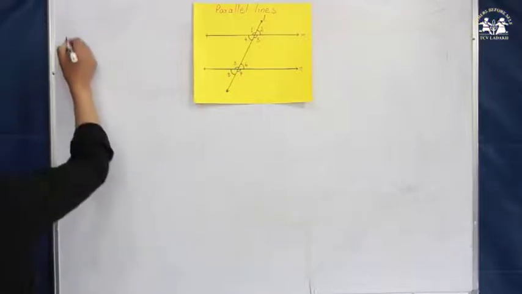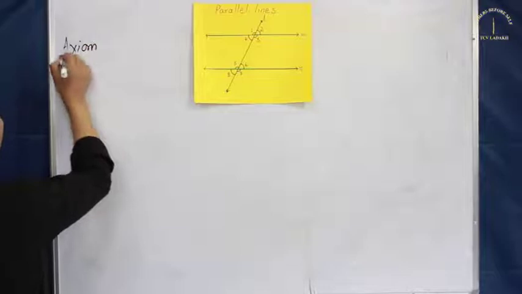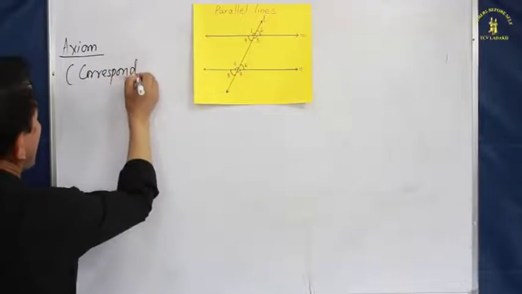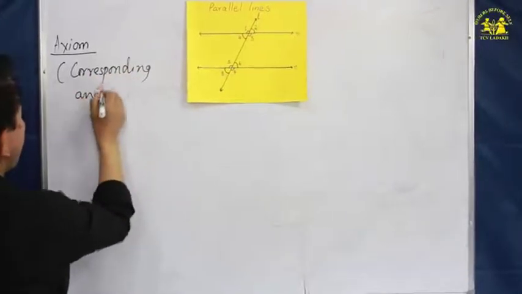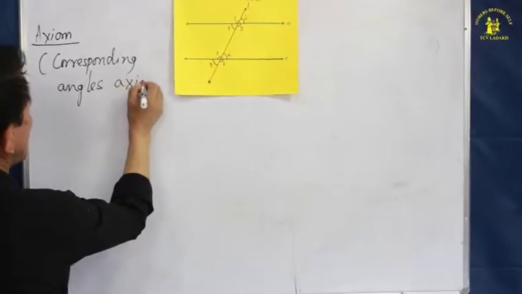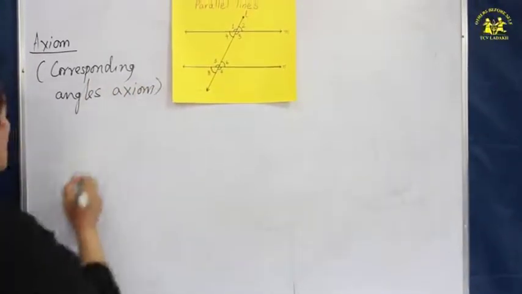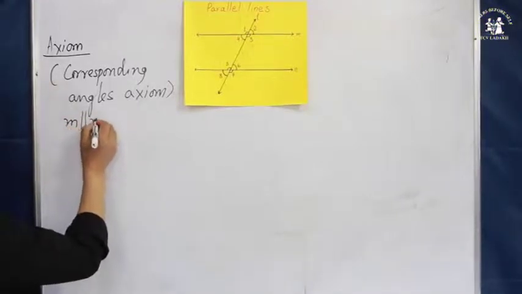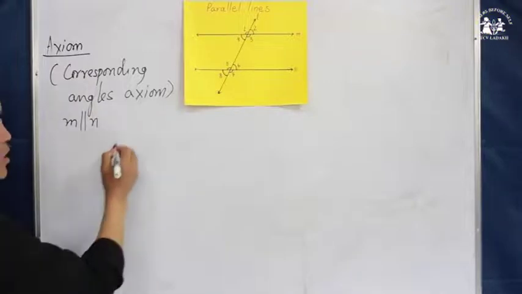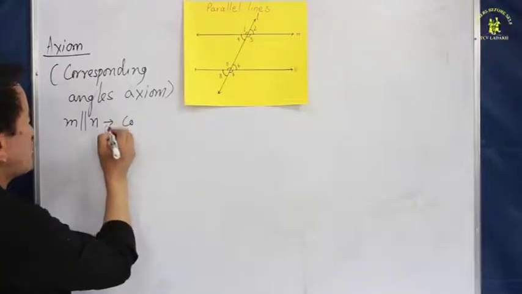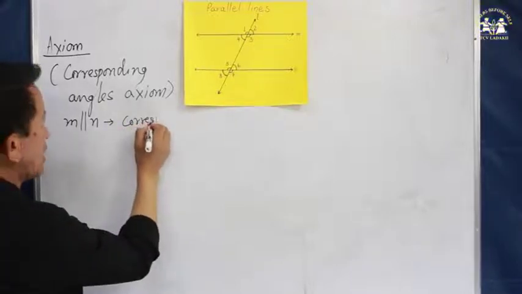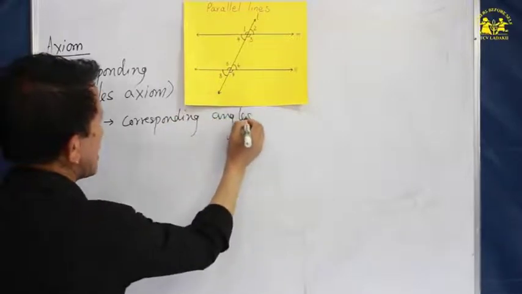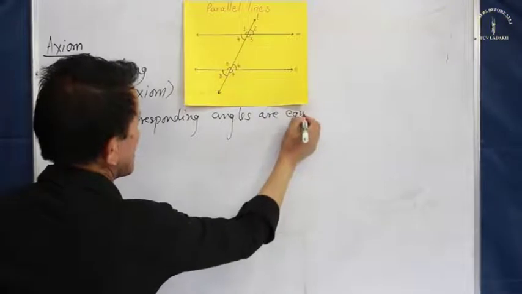So the first axiom, the corresponding angles axiom: you'll be given that two lines are parallel, and if two lines are parallel, then the pair of corresponding angles are equal. That is the first one.